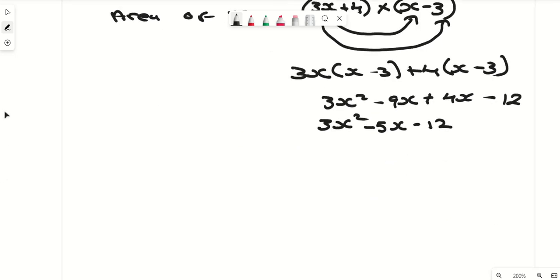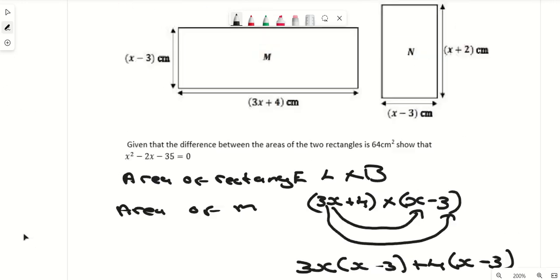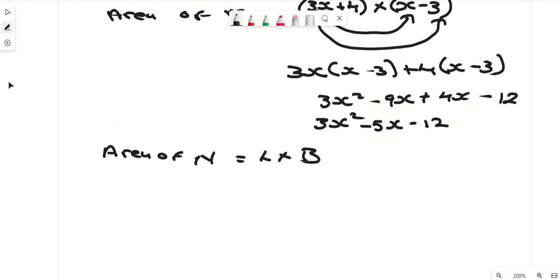Right, so area of N. We did M above, so area of N is equal to length times breadth, right? We know that the length is x plus 2, and then x minus 3 is the breadth or the width, whichever word you want to use.